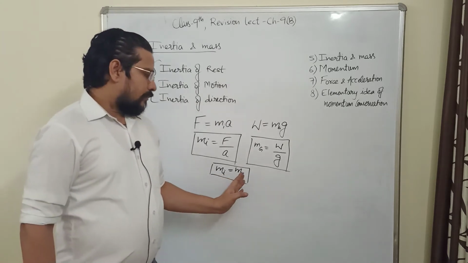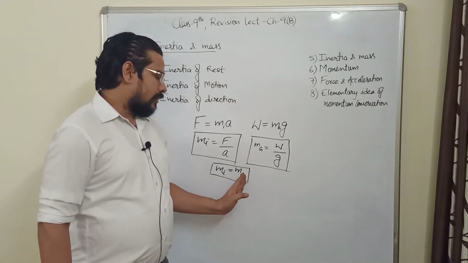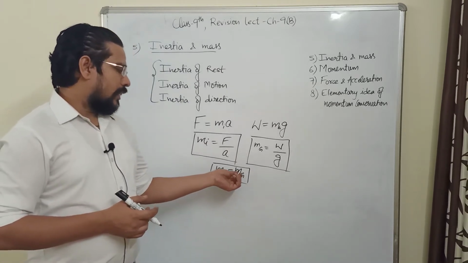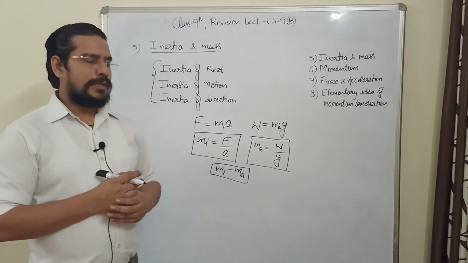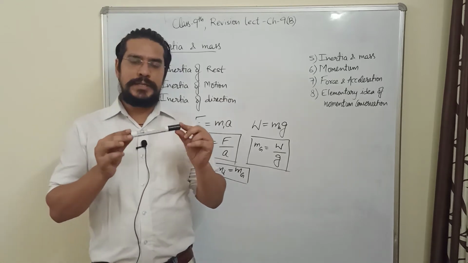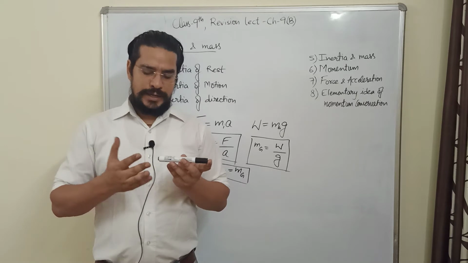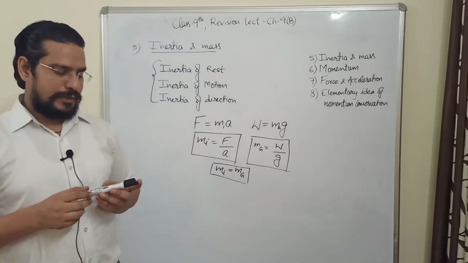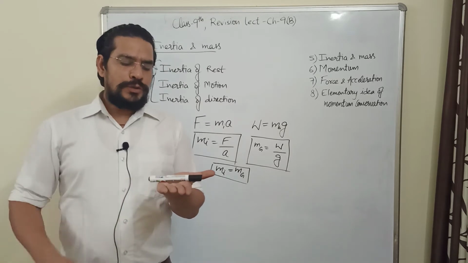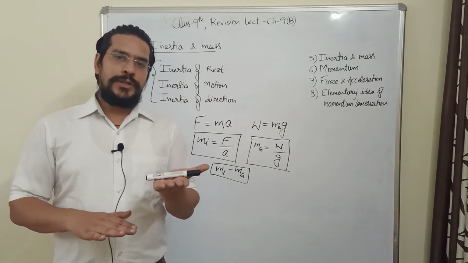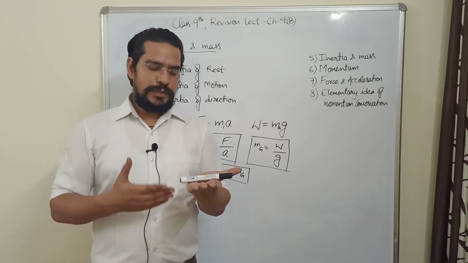While we use gravitational mass as the unit of our mass, the same definition can be applied for inertial mass. What is the difference between these two statements? Suppose this object has a mass of 1 kg and acceleration due to gravity is g. Let us take the value of g approximately 10 meter per second square. So this 1 kg mass has a weight equal to 10 Newton: 1 kg into 10 meter per second square, 10 Newton.